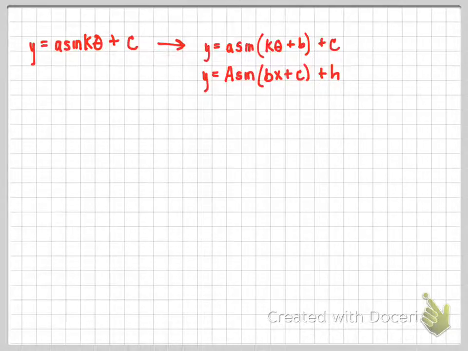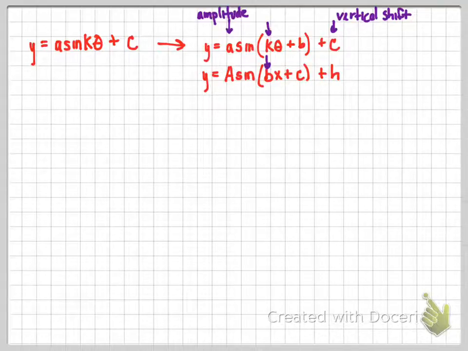So all changes here represent your amplitude. All changes here represent your vertical shift, or your midline. Okay, looking at this value, this k value, sometimes it's a b value. That is a change in period.